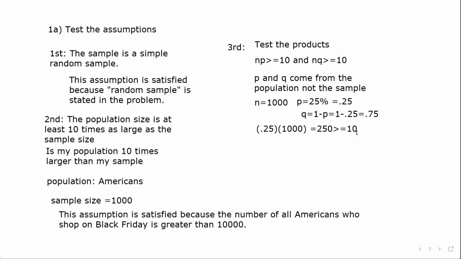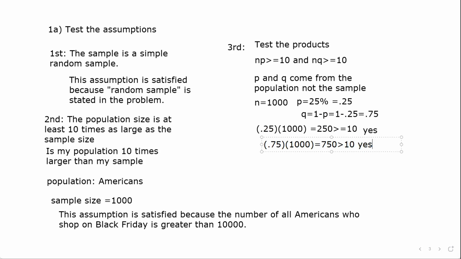So that's a yes, but remember we need two yeses, right? So now let's do Q. So we're going to do 0.75 times 1,000. What does that give us? Should be 750. Any questions about this so far?